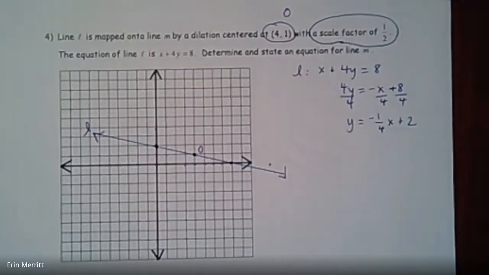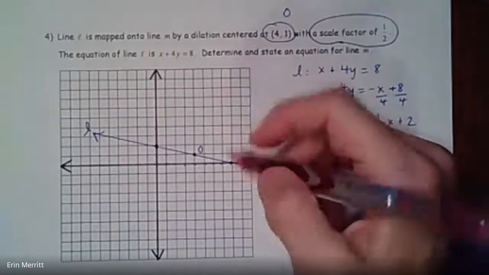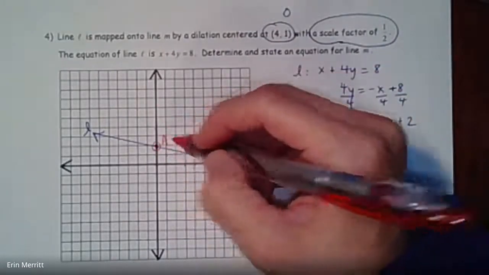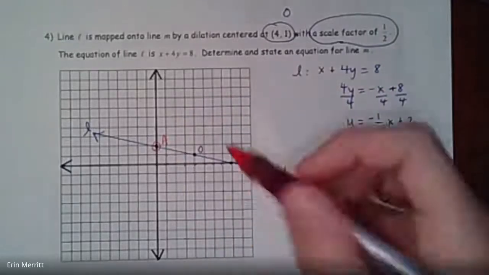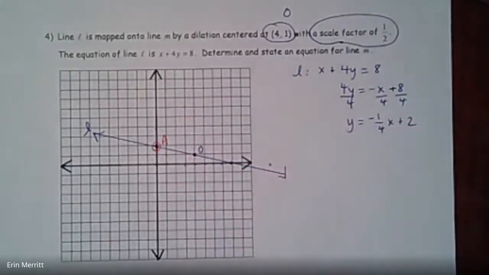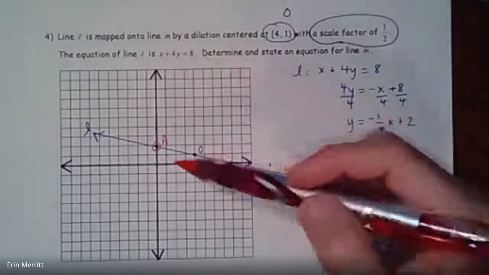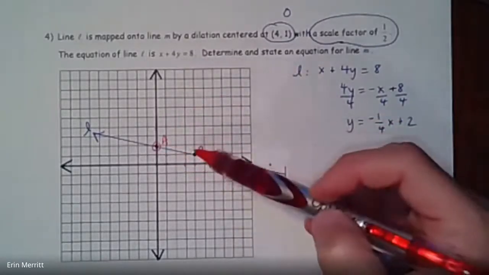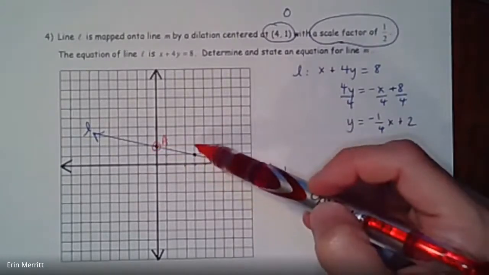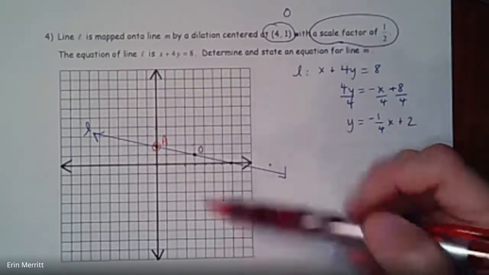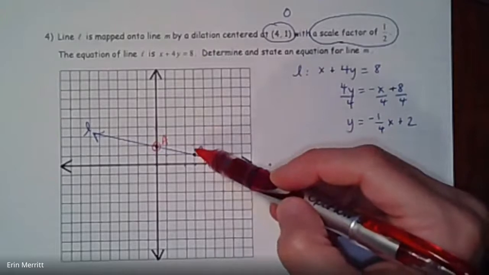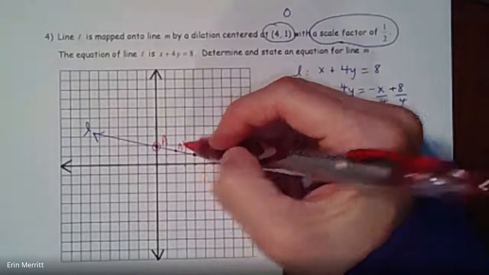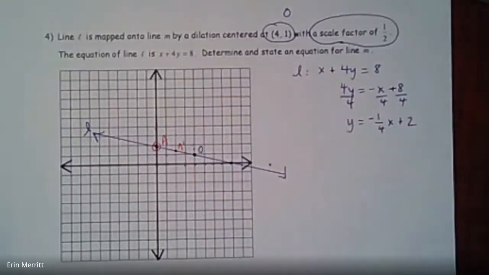Just as an example, if I took this point right here, the y-intercept, which I know is on the line, I'm going to call that A. And if I said I want that to move so that it is half the distance away from O that it is right now, well, I'd have to look at the slope. So to go from O to A, I go up 1 and left 4. If I did half of that, I'd go up a half and left 2. So A would slide in closer to O and it'd be at A prime.